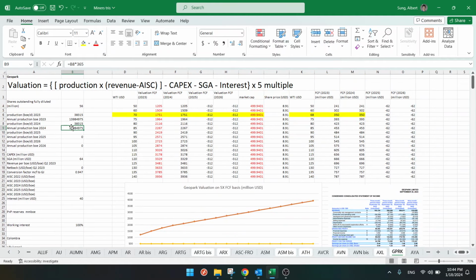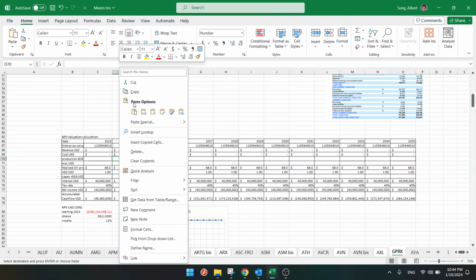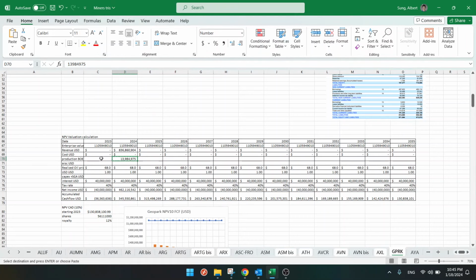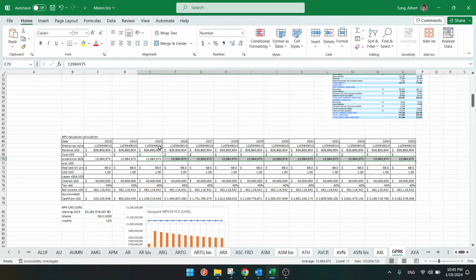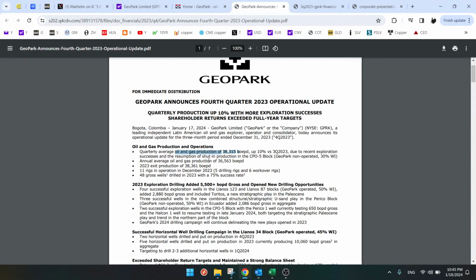And that's about this number per year. Let's just put it like this. Exit production 38, yeah, around the same. Good success rate.